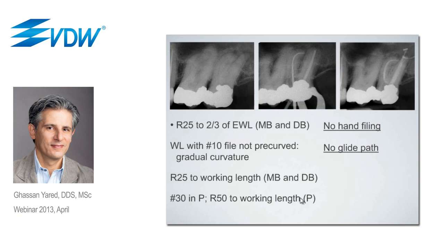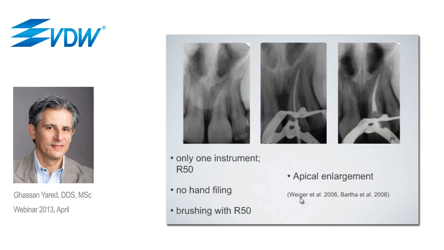It can be extremely difficult to maintain patency, to create a glide path to a size 15, no matter how skilled we are. So imagine how difficult this can be for those who are not very skilled. This can be very challenging, and this is a case where the use of hand files can lead to complications, and again, regardless of our skills.